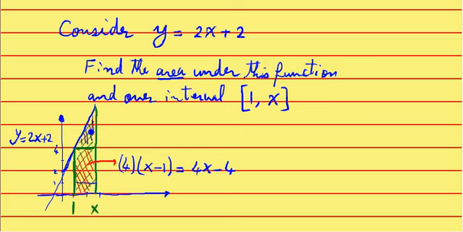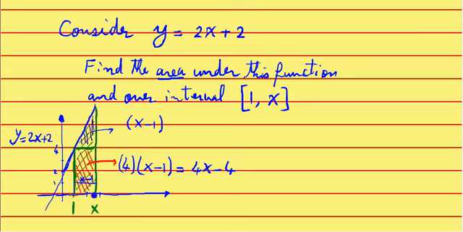How about this one? That is a triangle. How do you calculate the area of a triangle? You multiply the base. Here's the base, x minus 1 again. Same base, x minus 1 is here also. How tall is this? Well, at the point x, the height of this function all the way up here is 2x plus 2.